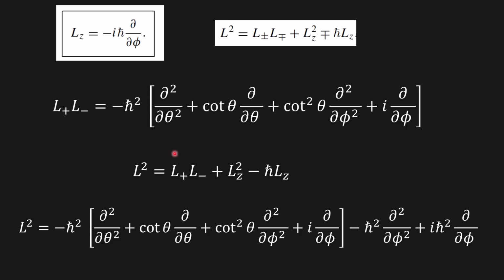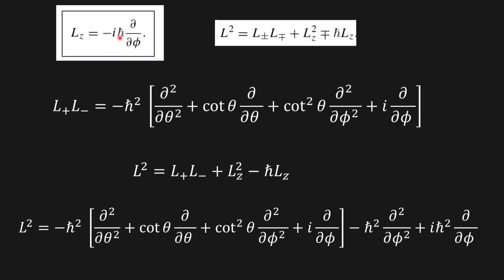And here you take the upper sign, L squared is equal to L plus L minus plus Lz squared, minus h cross Lz. So the first term, L plus L minus, you take as it is here. Then what is plus Lz squared?